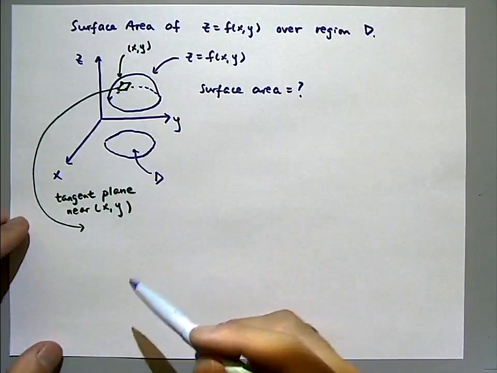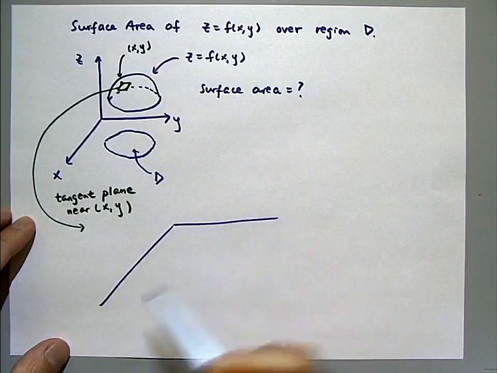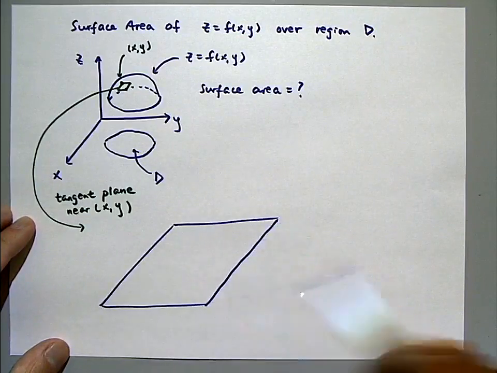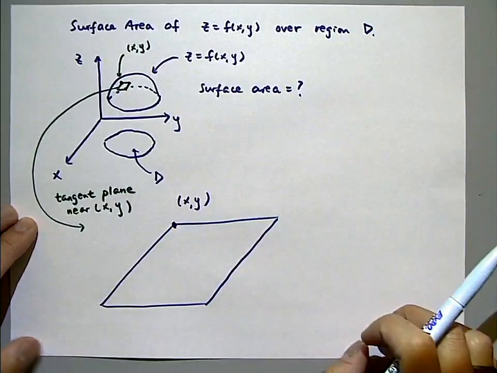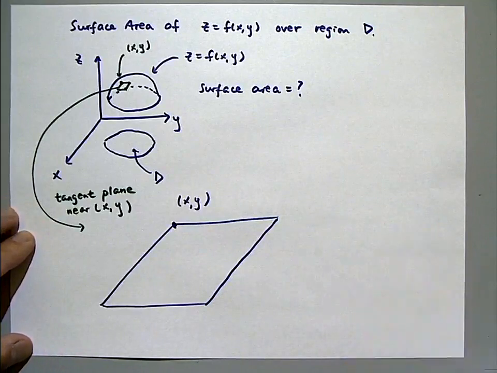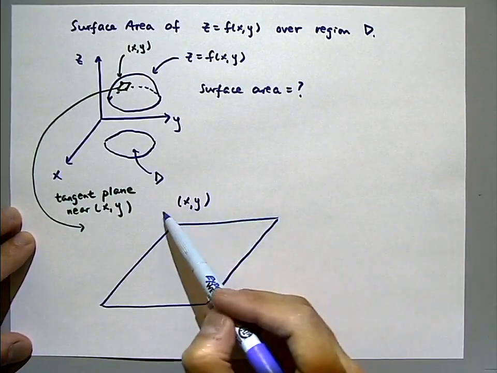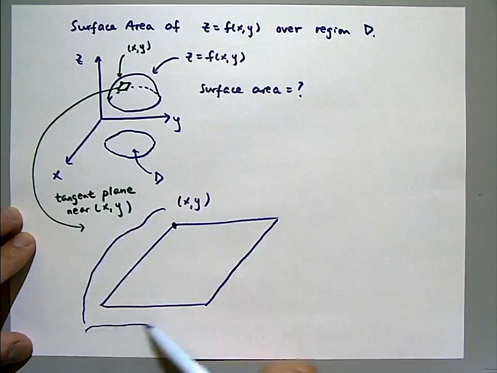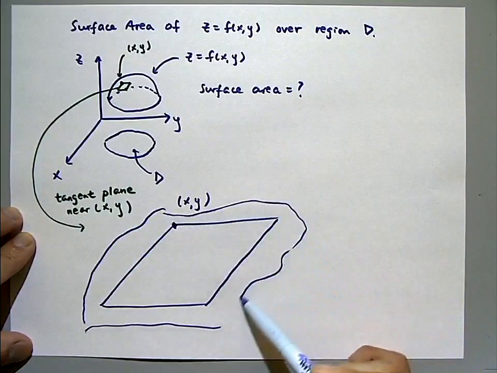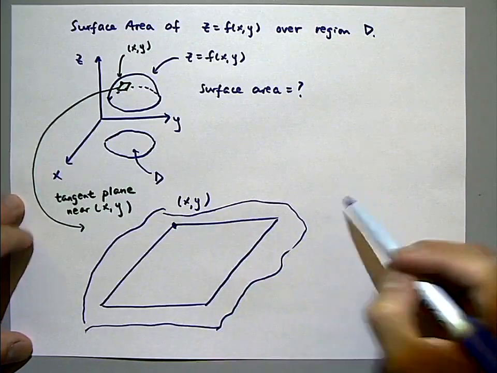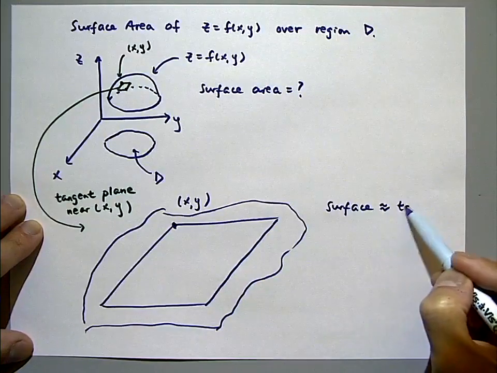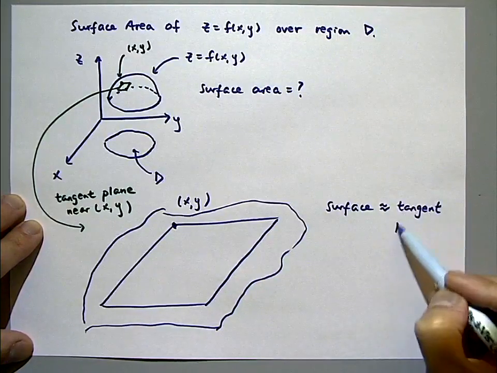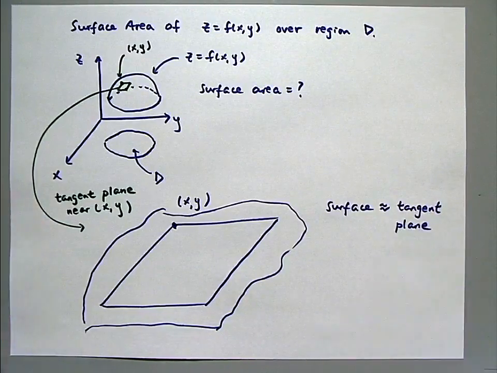Okay, so this tangent plane over here, I'll draw that bigger. This guy right here. And this is the point x, y. And near this point here, remember the surface right below it, that's part of the surface right here. Remember, if we stay really close to that point, then that part of the surface will look very much like the tangent plane.